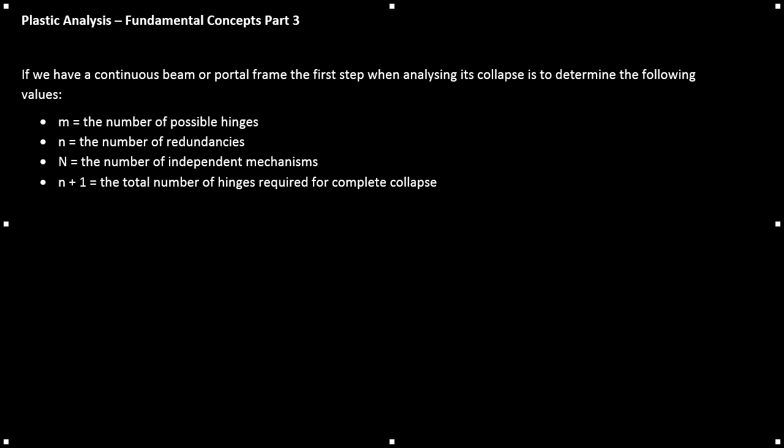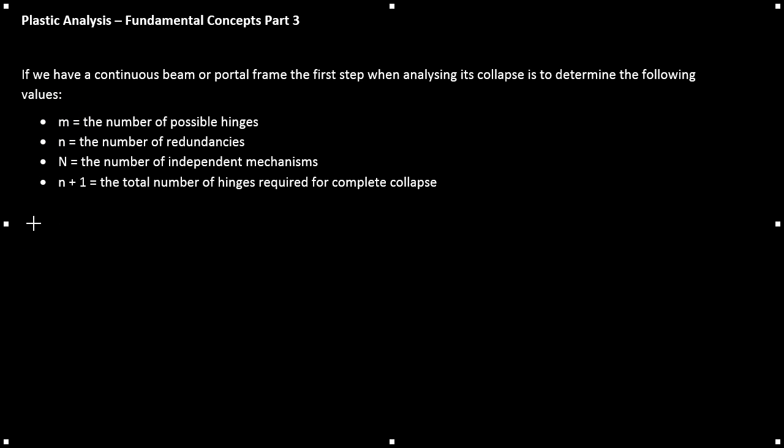Once we determine these values, portal frames and continuous beams become much easier to analyse. As we said in previous tutorial videos, hinges occur at positions where maximum bending moments occur. Therefore lowercase m can be determined easily enough.